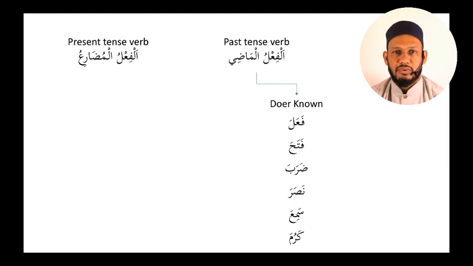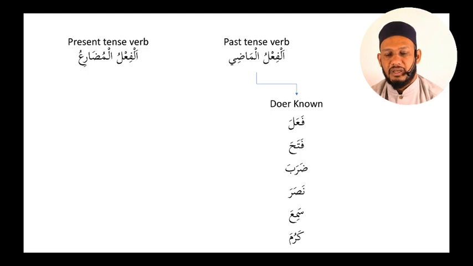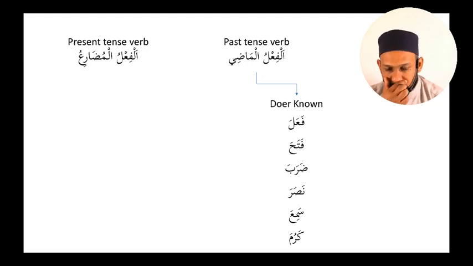Nasarti, nasartunna. Nasartu, nasarna. Sami'a, sami'a. Sami'u. Sami'at, sami'na. Sami'ta, sami'tum. Sami'ti, sami'tunna. Sami'tu, sami'na. Karuma, karuma. Karumu. Karumat, karumna. Karumta, karumtum. Karumti, karumtunna. Karumtu, karumna. So you should be practicing that.